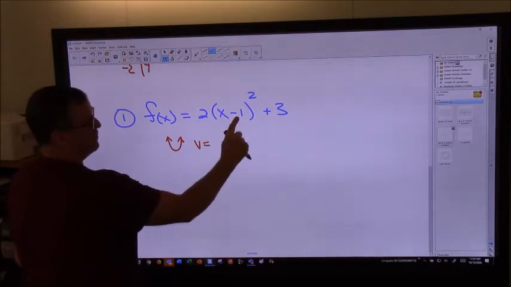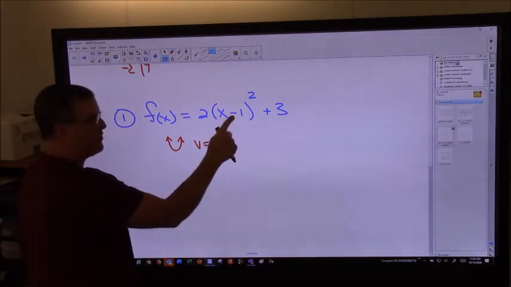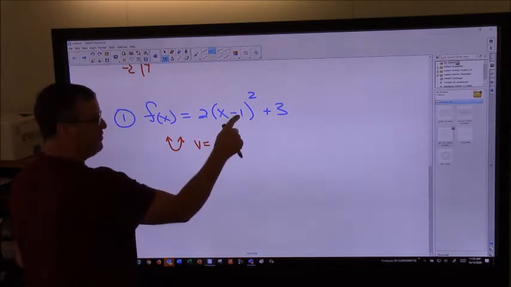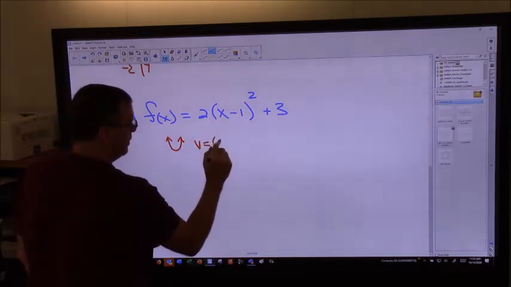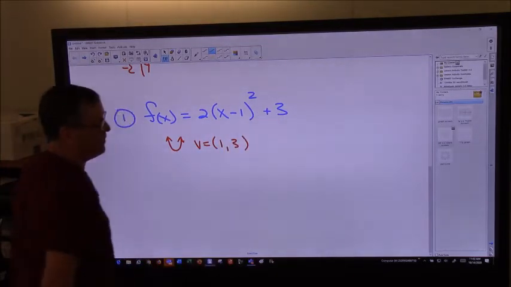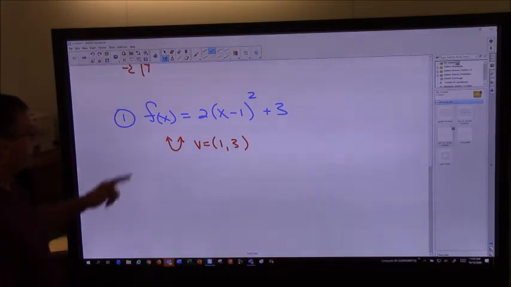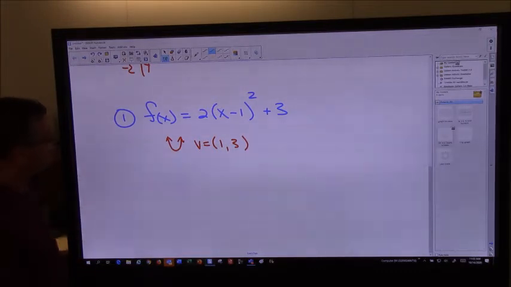So the vertex is at negative c over b. So negative c means opposite of c. So a positive 1 divided by 1, that's 1, comma 3. We don't ever change that to the opposite. Okay? So I know it opens up, I know what it looks like.